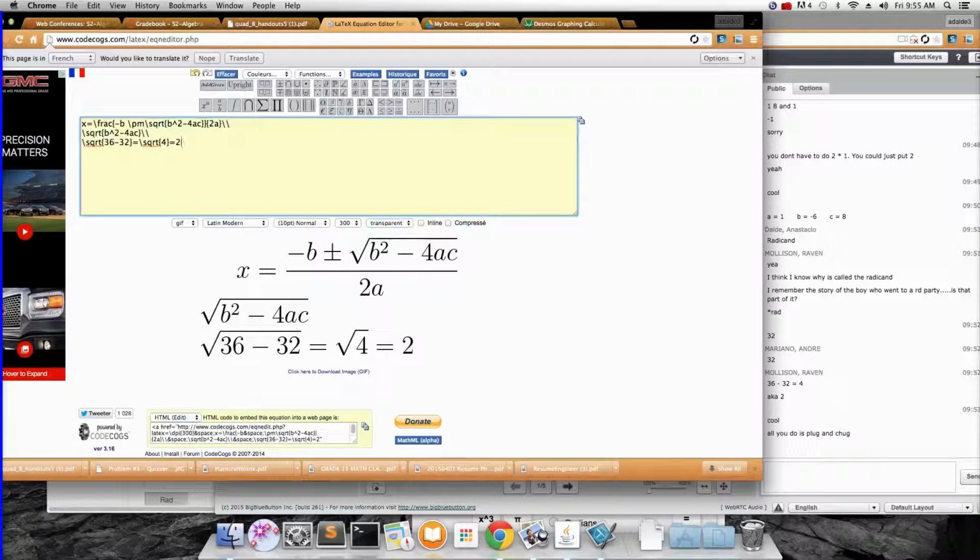But what I want to point out is that the answer is a nice number. The square root is a nice number. Previously, we had a number like the square root of 13. There is no square root of 13. You just leave it as the square root of 13. It's ugly. But in this one, the square root of 4 is 2.